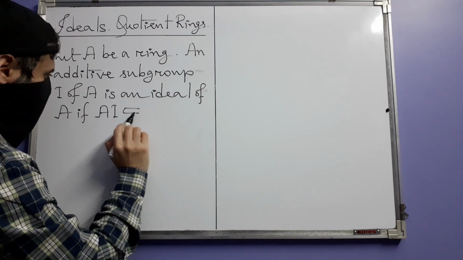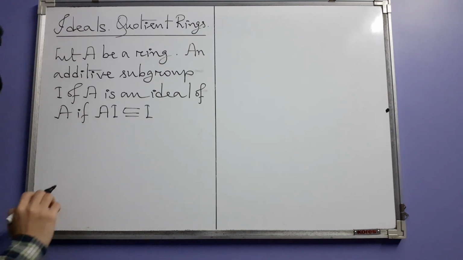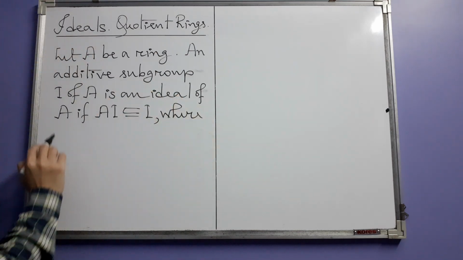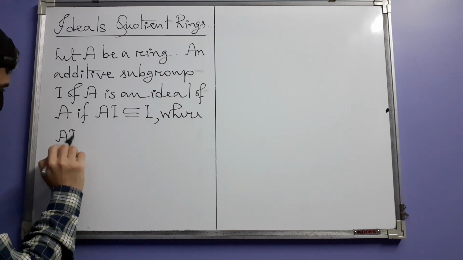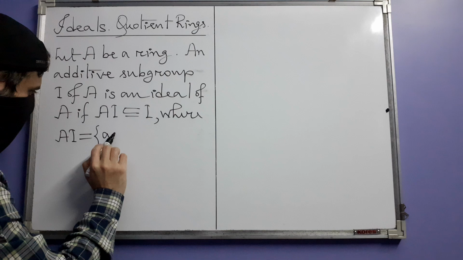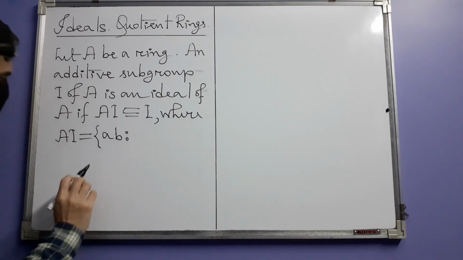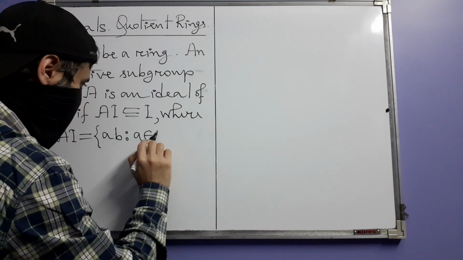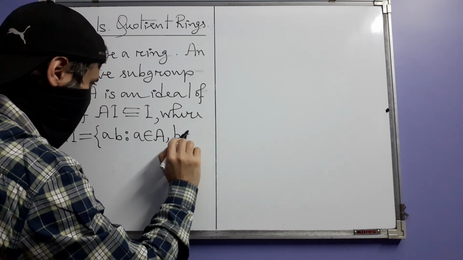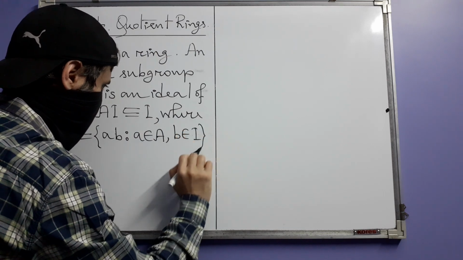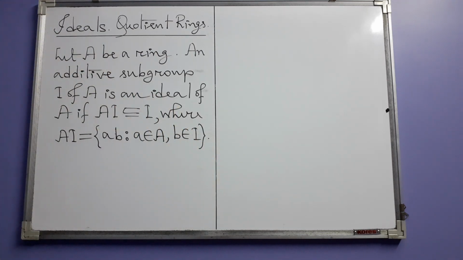AI is a subset of I, where AI of course means the set of all elements of the form AB, where A belongs to A and B belongs to I. Okay, so you get the meaning of this definition.